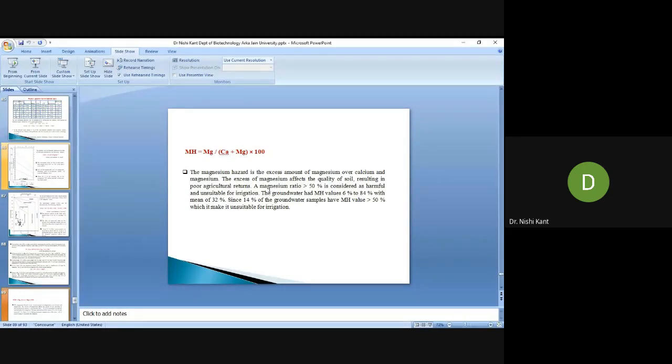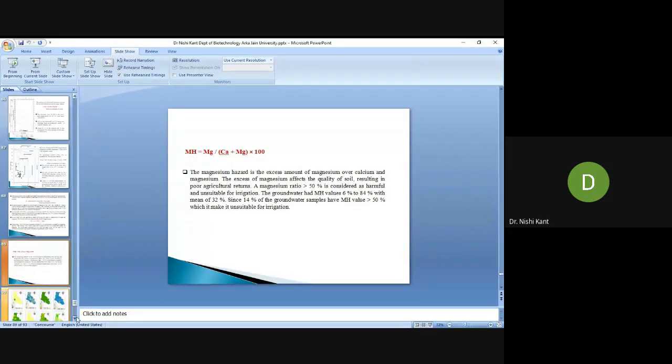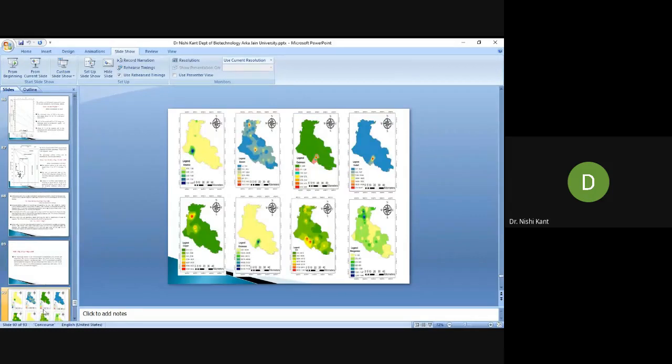The groundwater has magnesium hazard values from 6% to 24% with a mean of 32%. Since 14% of the groundwater samples have magnesium hazard values greater than 50%, they are unsuitable for irrigation purposes.